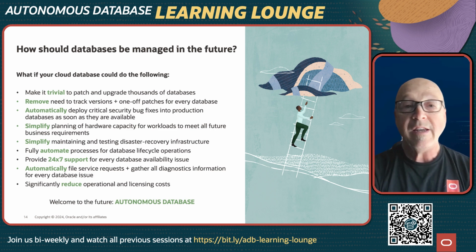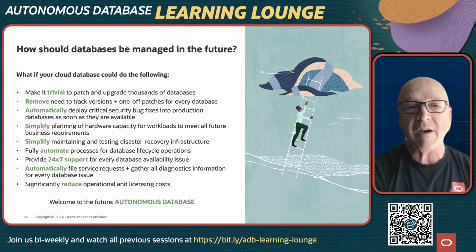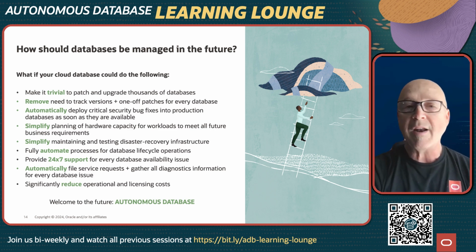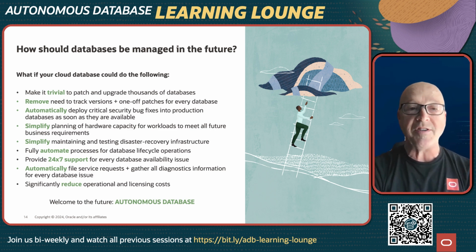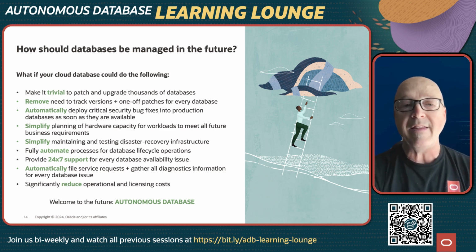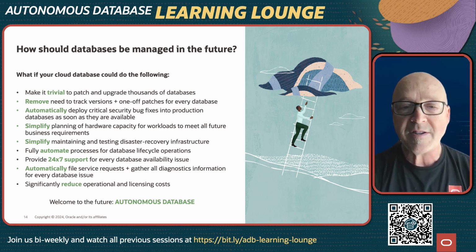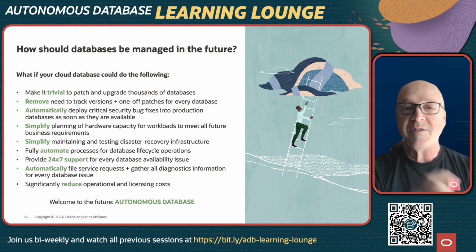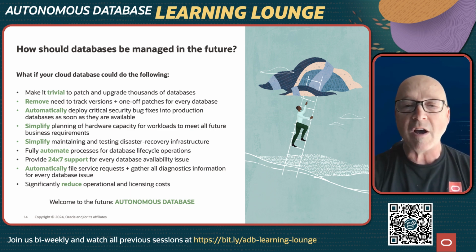What if you didn't have to worry about hardware capacity planning and all that stuff? What if you could simplify your whole disaster recovery infrastructure and automate all of your database lifecycle operations? What if all this stuff became super simple? And that's really what Autonomous Database is about. That's the exciting thing, and some of the stuff that I'm going to talk about here.